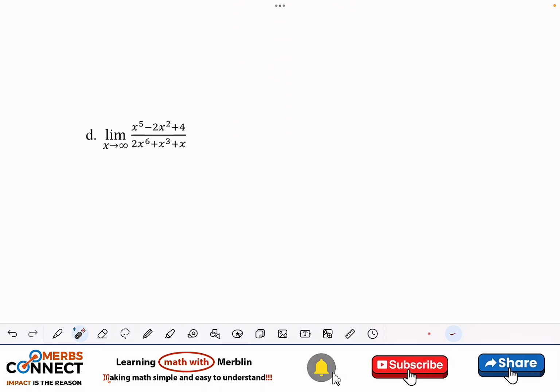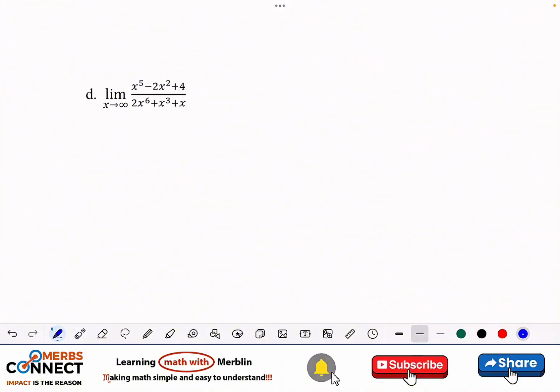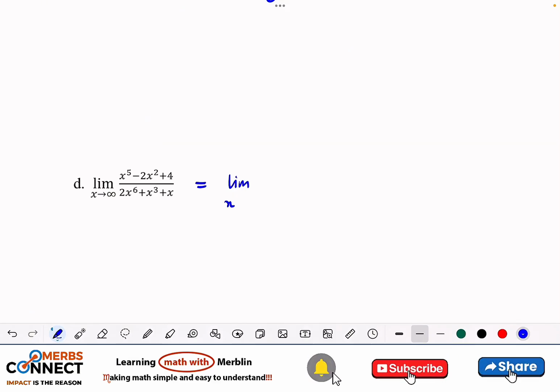Good. Let's look at D. Now with D, we have the limit as x approaches infinity, and the highest degree in the numerator is x to the power 5, and the highest degree in the denominator is x to the power 6. So this is the same as the limit as x approaches infinity.